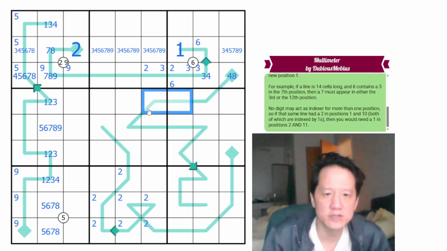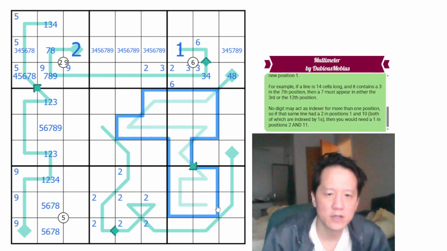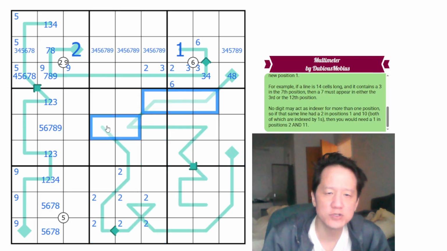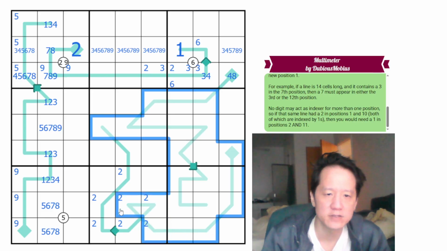So along this, we know there's a 1 along here, and then a 1 in these two lines, right? There's actually all the 1s, 2s, 3s, and 4s have to be along these lines.